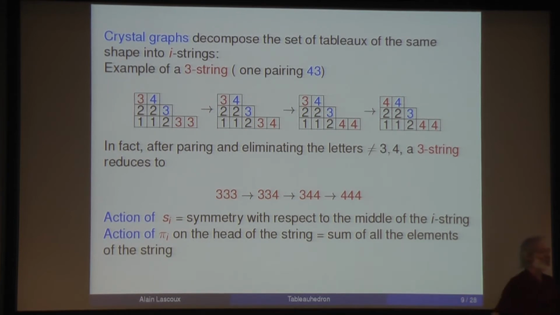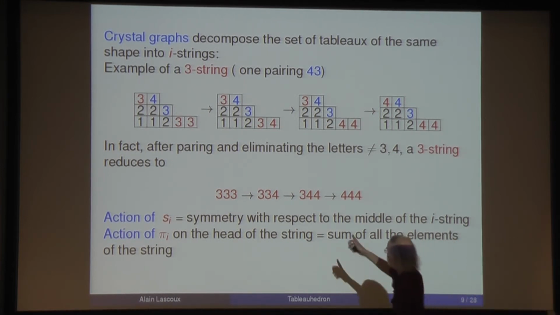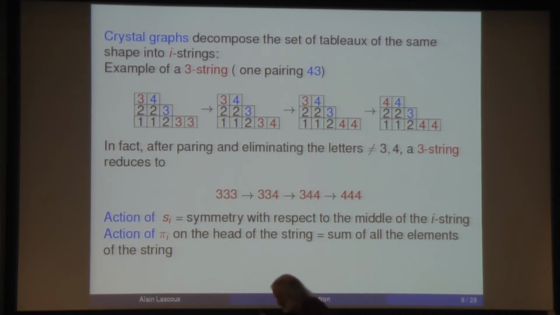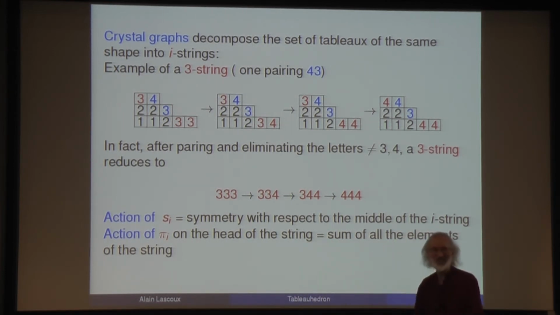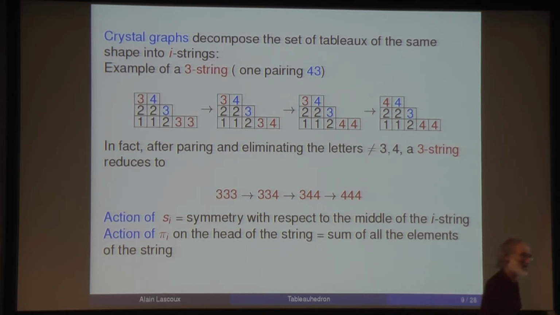So you have an action of the symmetric group on Tableaux, which, interpreted in terms of crystal, is just the symmetry with respect to the middle. You have a middle and you have a symmetry: 3, 3, 3 is exchanged with 4, 4, 4. And you have the pi operator, of course, which is written here.